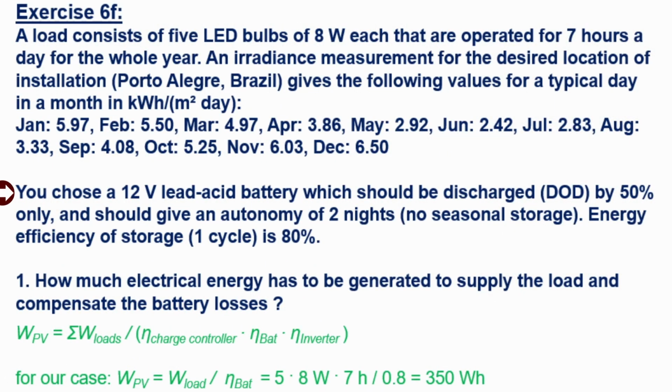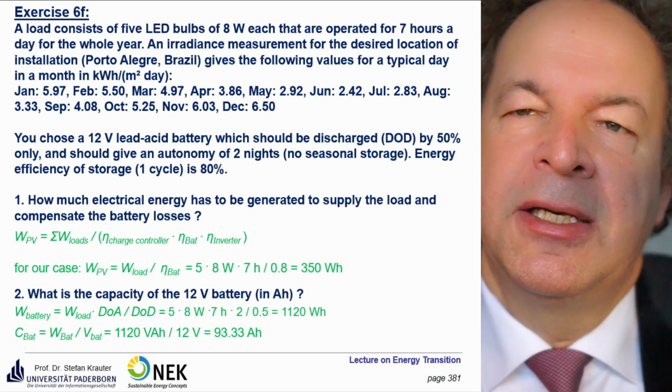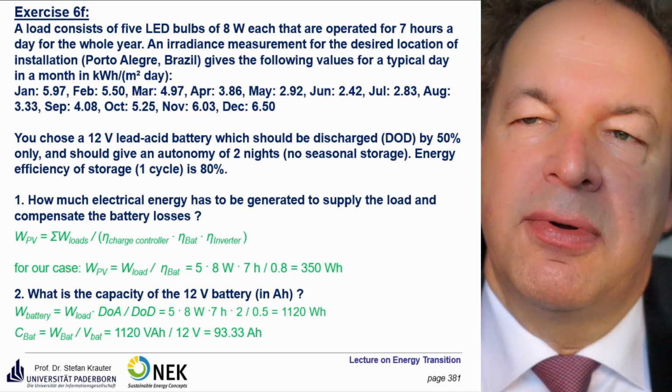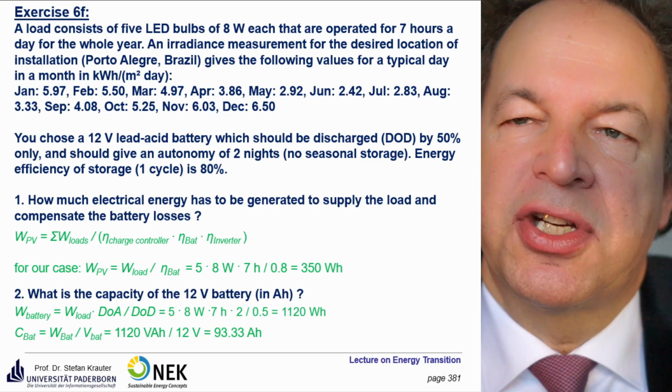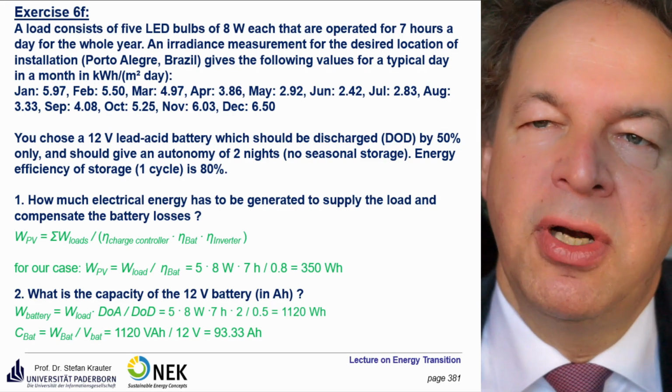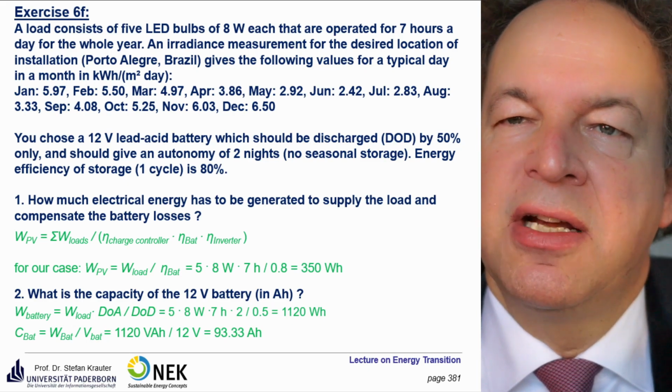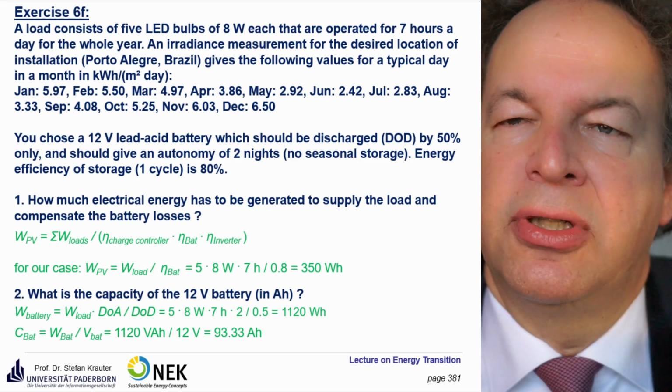We should consider a depth of discharge of 50% only. Why? Because the lifetime of a lead-acid battery depends very much on the depth of discharge. If you fully discharge a lead-acid battery, it doesn't even survive one single year, especially at higher outdoor temperature.